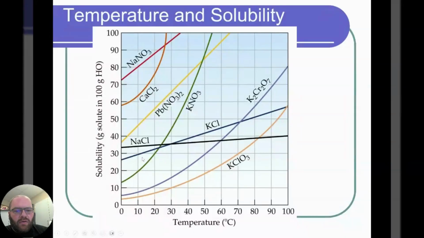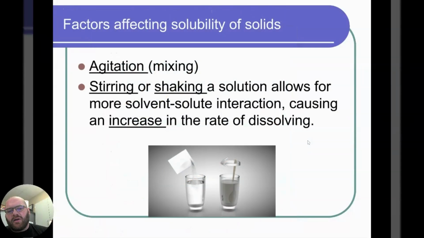So this shows you that all of these at least increase in solubility as you increase temperature. There are always exceptions. Some graphs have a line, kind of looks like the salt line, but it's slightly going down. There are a few things that will decrease as you increase temperature, but overall, they increase in solubility as they increase in temperature.